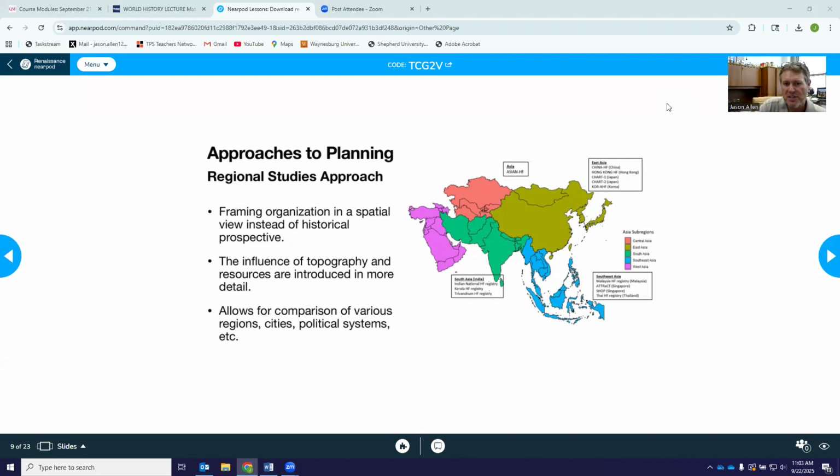A few other approaches to this. When I taught middle school, it was something I did catch myself doing, and I kind of liked it. We would look at things in chunks. For example, we would look at East Asia, then Southeast Asia. I'll be the first to admit sometimes we would not focus on some areas as much as others, because for the students in West Virginia it was their first real introduction to world history.